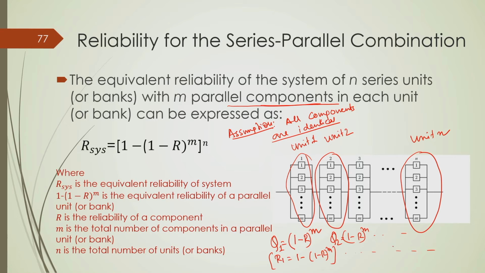So, overall the reliability of the system, R c, will be equal to this to the power n, which is written over here. This is how we can determine the composite reliability for a system having n number of subsystems connected in series parallel combinations. Here we have m multiplied by n number of units connected in series parallel fashion.